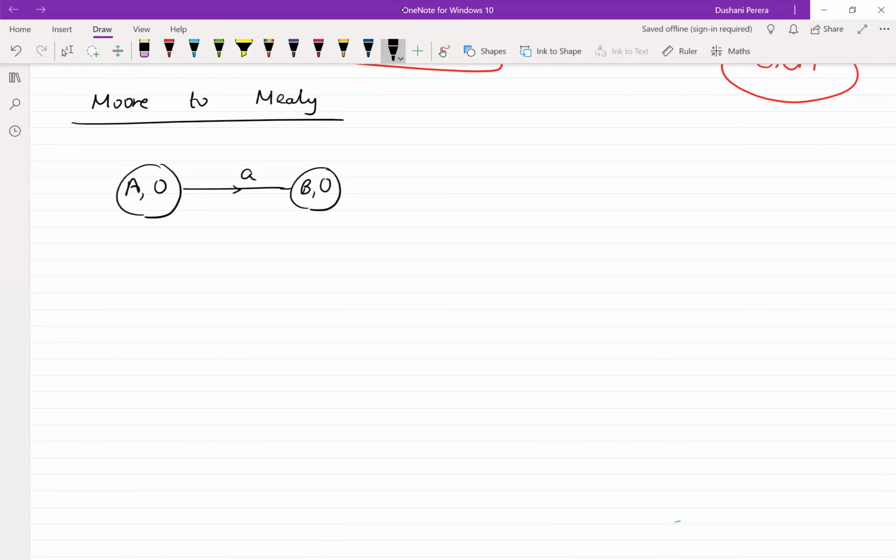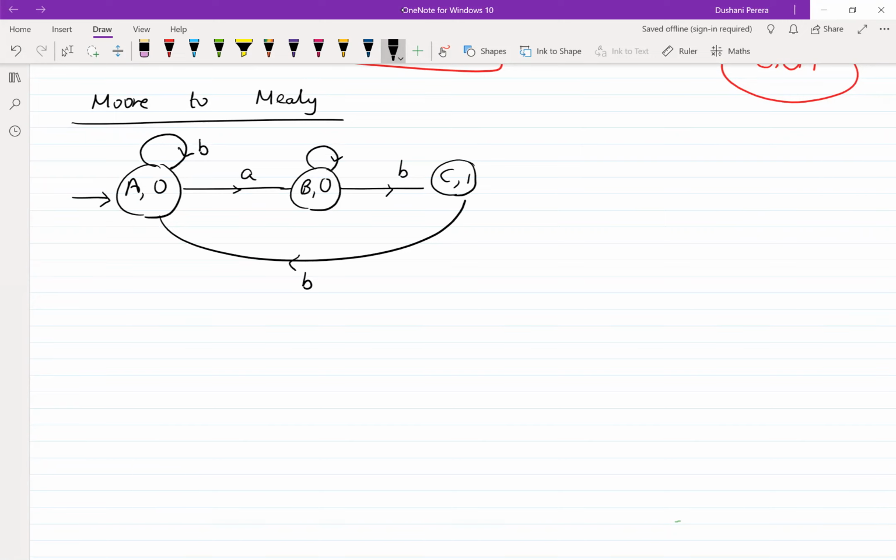Output is associated with the state in a Moore machine. This is the Moore machine that is given to you.